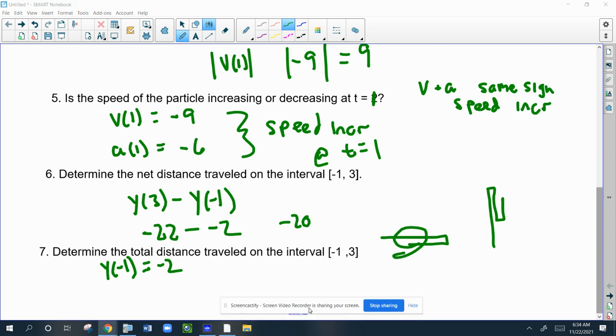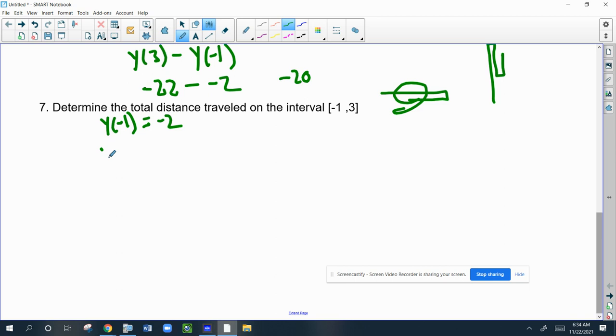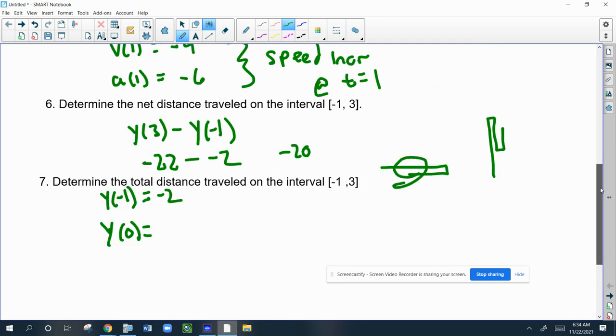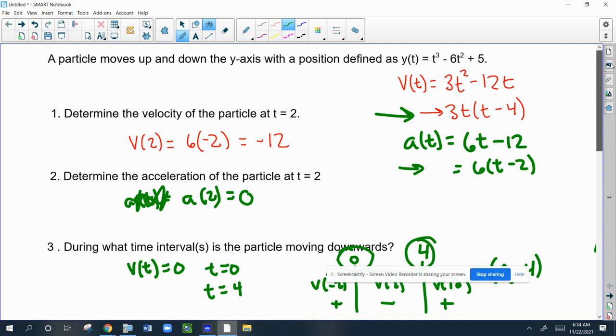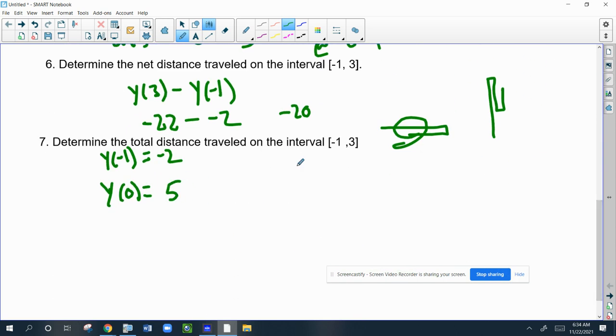I'm going to figure out where I was at 0. That's just y of 0, and that equals 0 plus 0 plus 5, which is 5. And then figure out where we are at the end. So we changed directions at 0, and then we're going the other direction until we get to 3. We're at position -22, according to this.